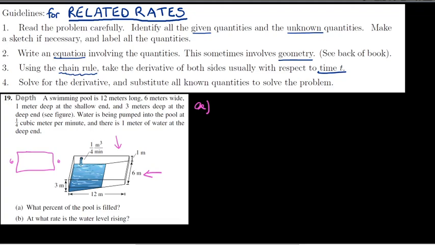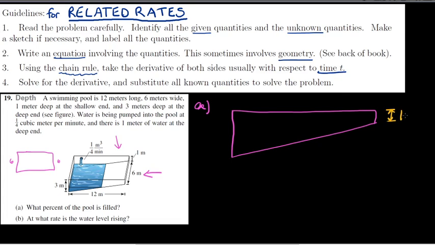So what I'm telling you is you can look at the pool from the side. And if you look at it from the side, it looks something like this. And so, just to illustrate the point here, this is 1 meter deep at the shallow end, and this is 1, 2, 3 meters deep at the deep end.